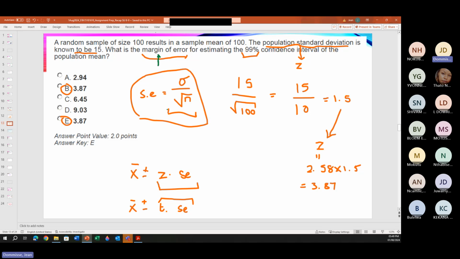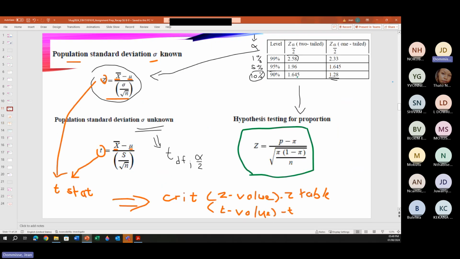So margin of error, we need to take the standard deviation divided by the square root of n, and we need to multiply that with the Z or T. So they tell us it's a population standard deviation, so that's why it is the Z. Then you can, from the table that is also in your study guide, just once again, the 99, the Z is 2.58. So you can use that.